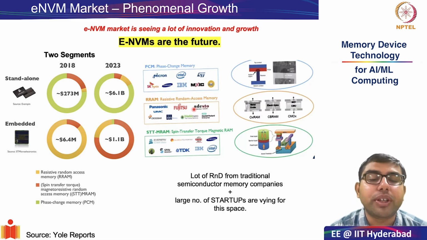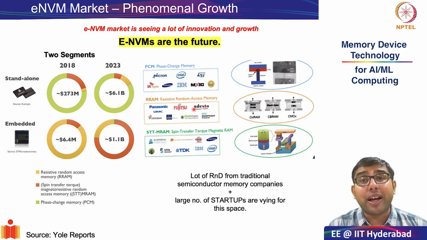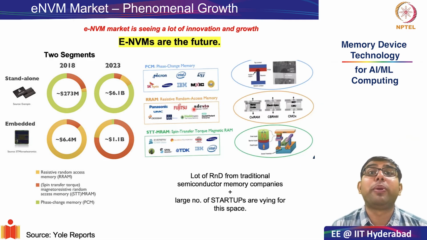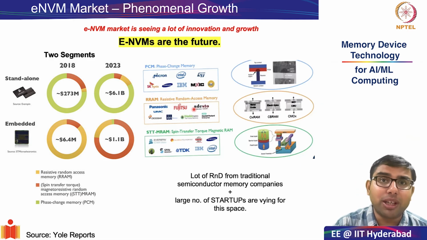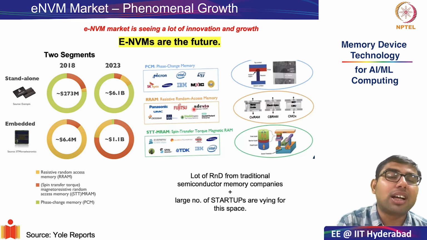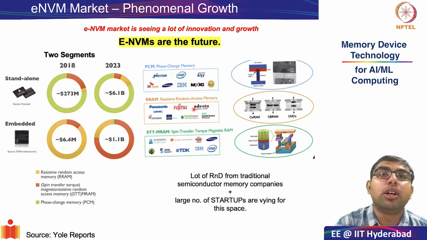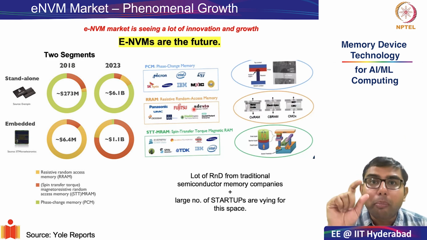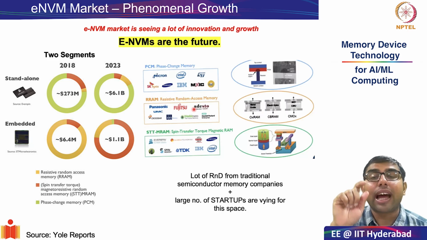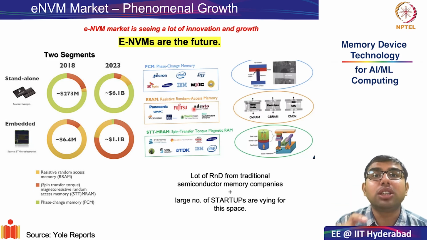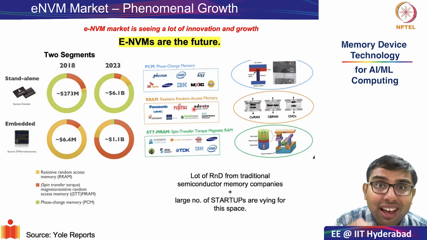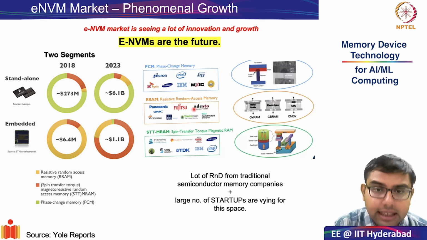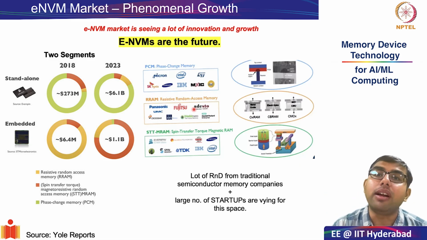And this segment, as we saw, is expected to grow and explode simply because of the promise of being classified as storage class memories. Those are memories which can bridge the gap between memory applications and storage, because they can give you very small read and write latencies while giving you very high bit densities.